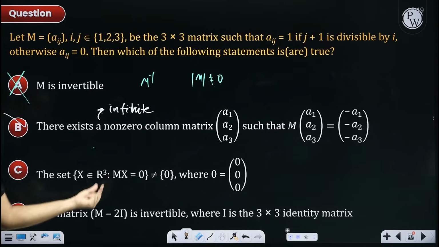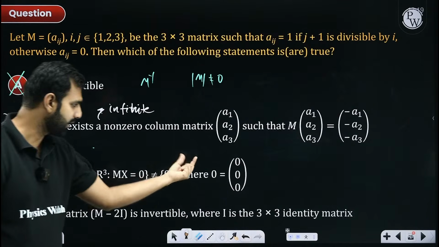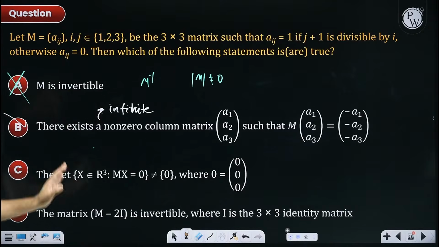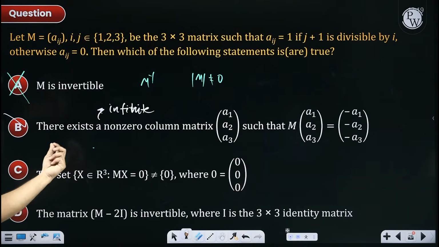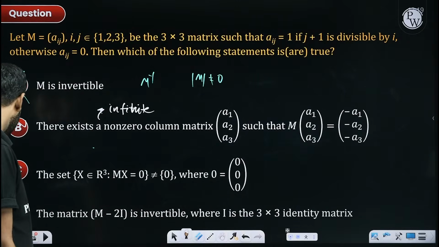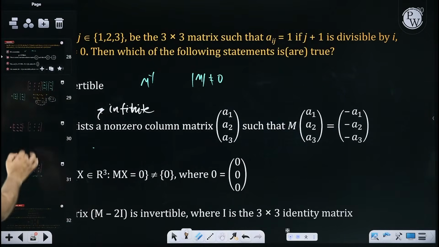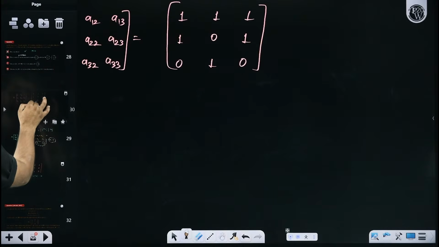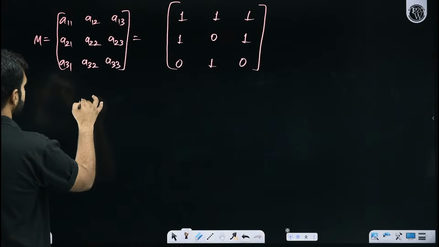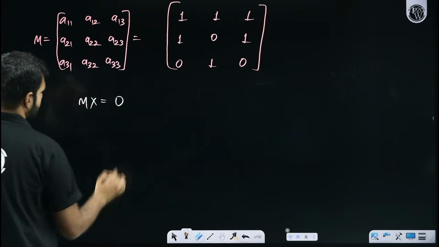It says MX is equal to 0, where 0 is the null column matrix. So let's try and find it out. What is this option saying? Option C says that there is a matrix X for which MX should be the null matrix.